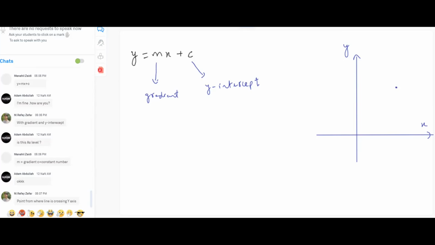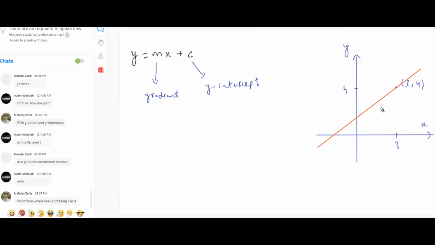Let's say I've got 1 point here, with coordinates 3 and 4, and I have a line that passes through this point. And it also passes the y-axis at some point. So it passes from there like this, and it crosses the y-axis like this.